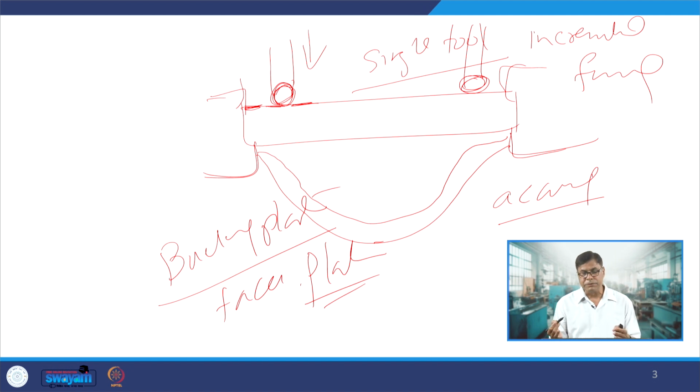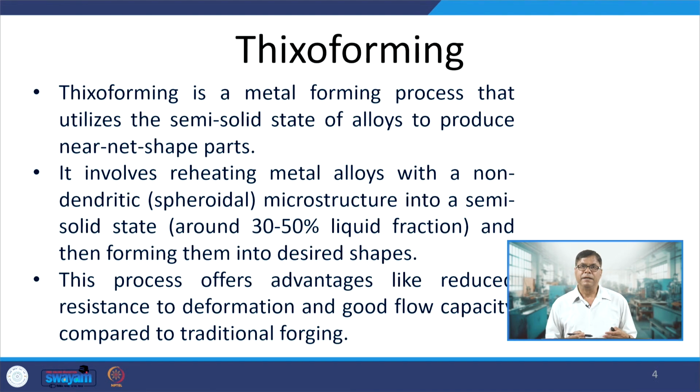These are a few novel approaches apart from the other approaches about which we have talked. So, we will be seeing the details of these and the approach of these processes in bulk metal and sheet metal forming as far as the advancement in metal forming is concerned. So, initially we will be taking up thixoforming.